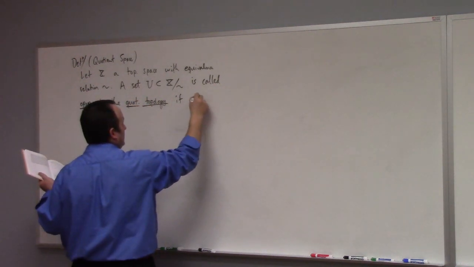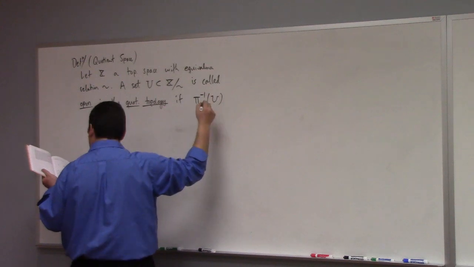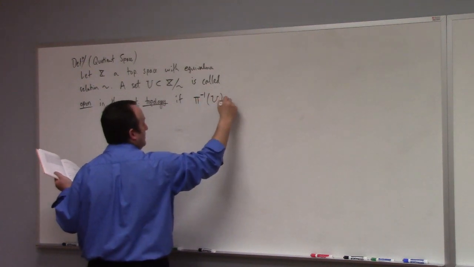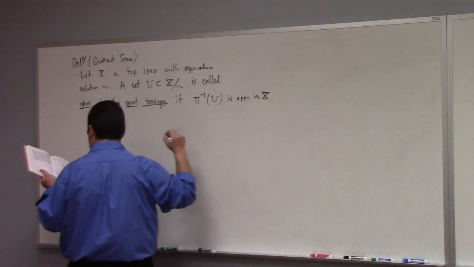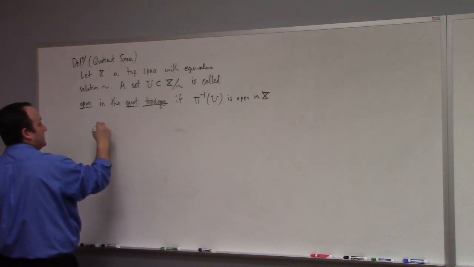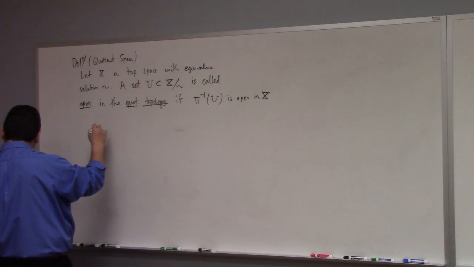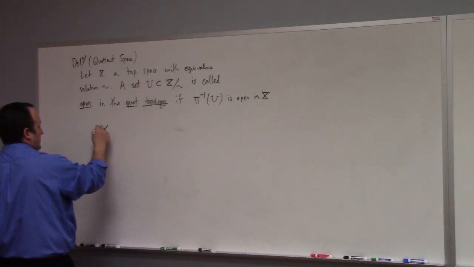Pi inverse of U is open in X. All right, so to be clear, the notation he uses is X by tilde.